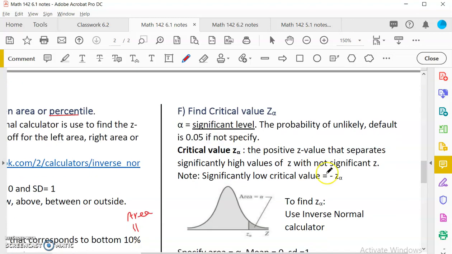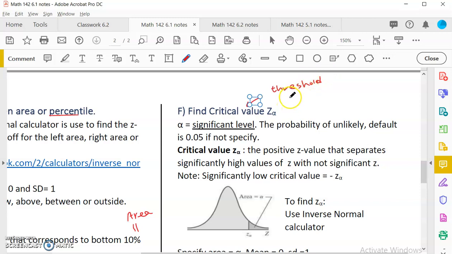So it's one more concept. The last concept is finding a z that corresponds to a critical value. The term critical value in statistics means it's like the threshold, kind of like a borderline. Like in a college application, you say, what's the threshold?